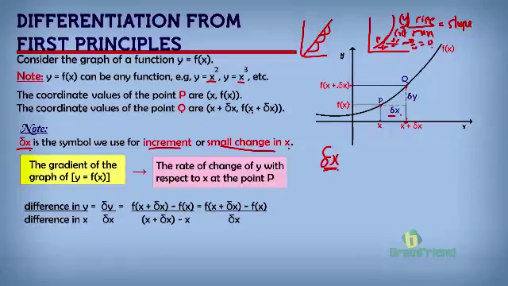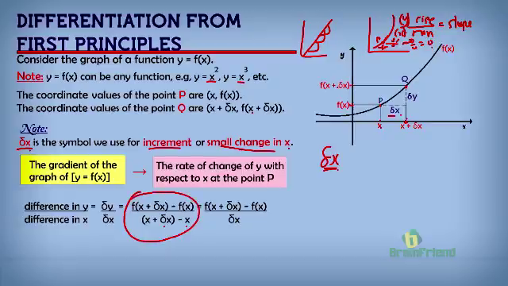So our delta y from our graph is f of x plus delta x minus our initial point on the y-axis, which is f of x, all over also our new point on the x-axis, which is x plus delta x minus x. So all of this gives us our slope.